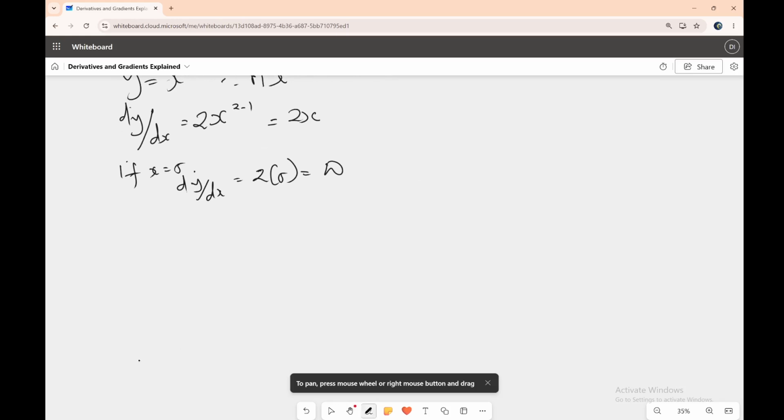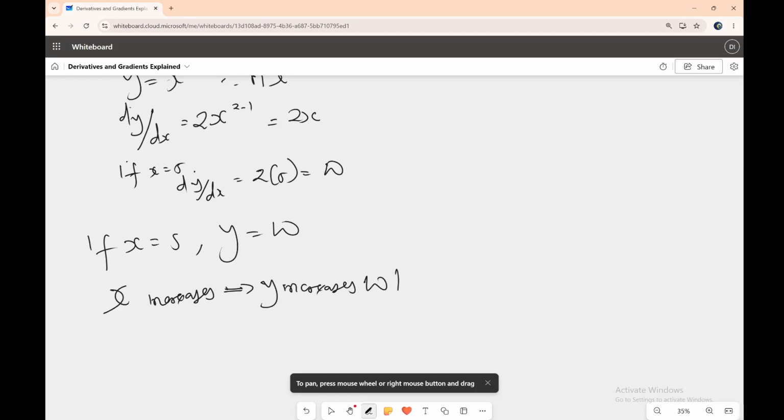If x equals 5, then the derivative is 10. That means as x increases, y increases 10 times faster. Okay, all right. Now that's actually it for derivatives.